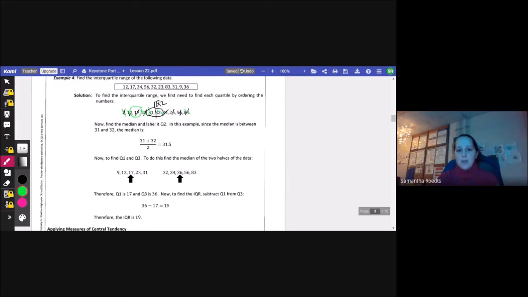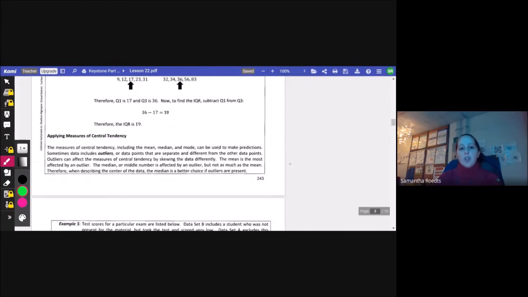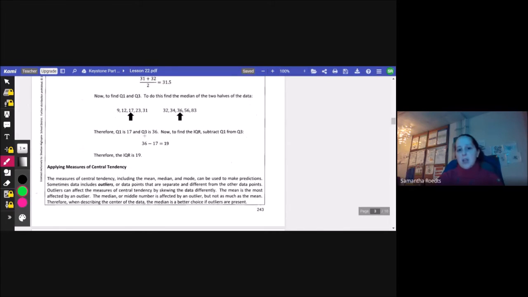And I can do the same thing on this side. 36 is my second number. Okay, so that's where I get those values from. So therefore, Q1 is 17 and Q3 is 36. So I need to find the interquartile range. So I subtract 36 minus 17, I get 19. So the IQR is 19.